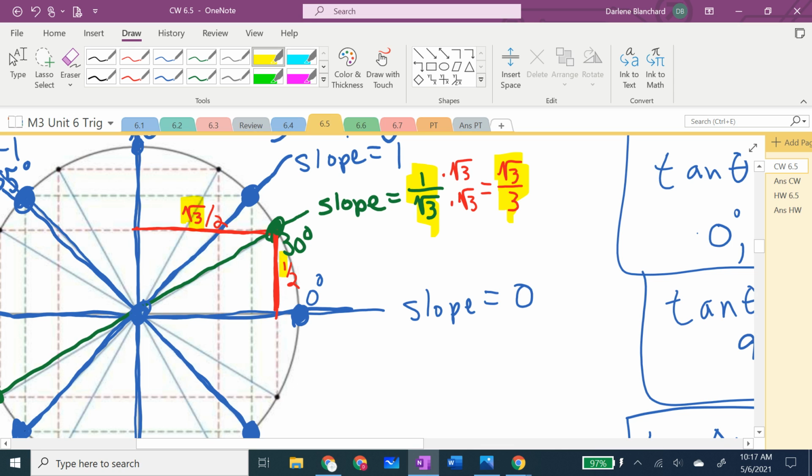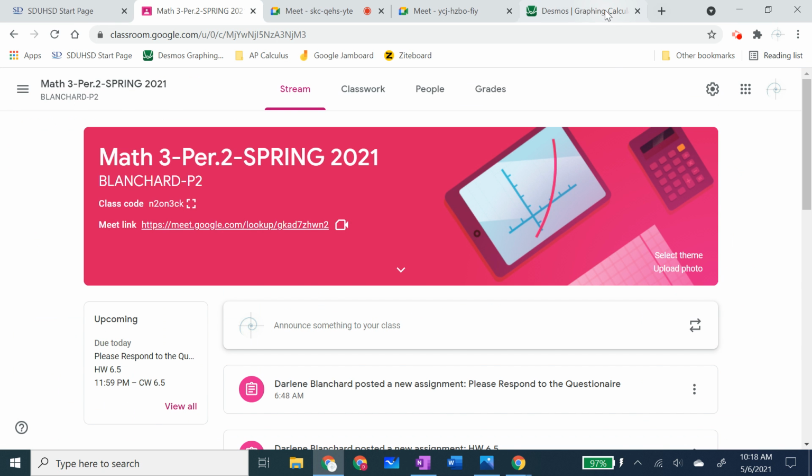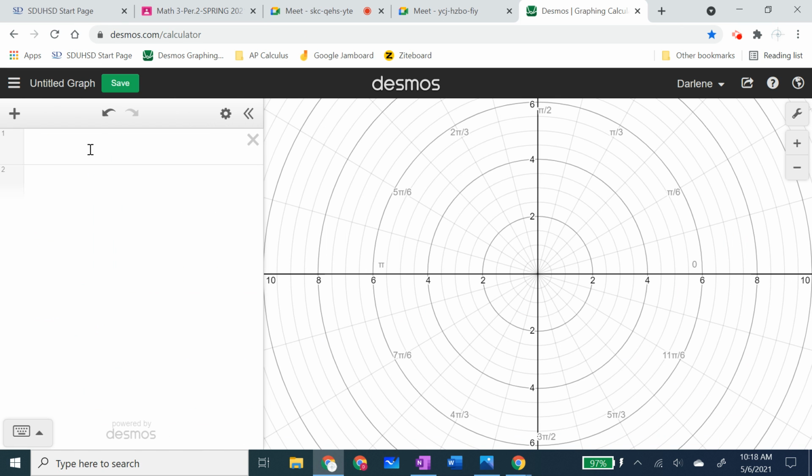Now, what's the decimal number of 1 divided by root 3? Does someone have that? What is the decimal number? 0.57735. Is that the root 3 over 3? No, that's 1 divided by root 3. Okay, so that's 1 divided by root 3? Yeah, that's what you're looking for, right? Hold on one second.